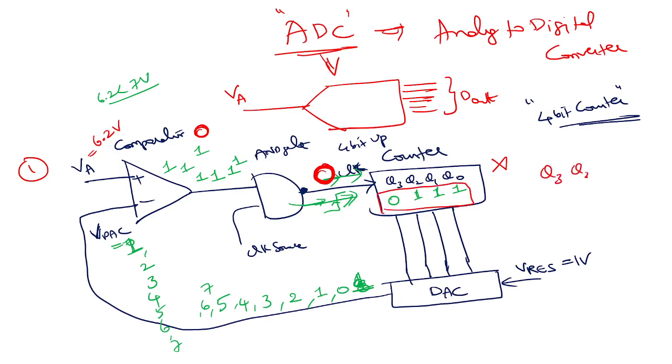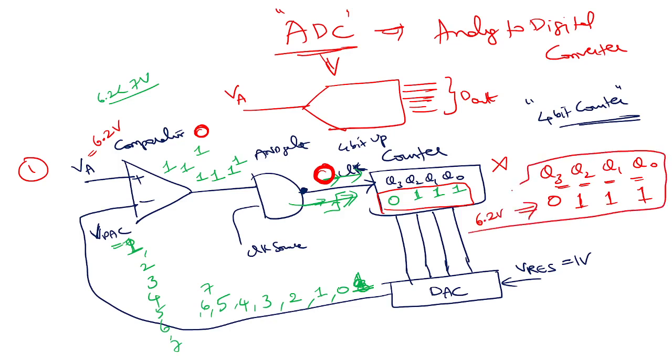So your digital output is 0, 1, 1, 1. Right? So for 6.2 volt, your output is 0, triple 1.